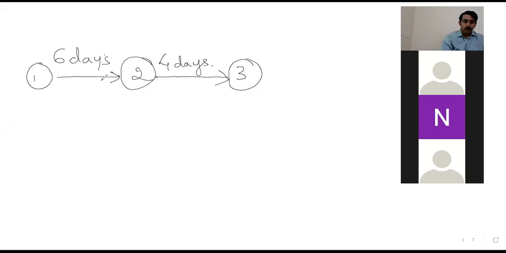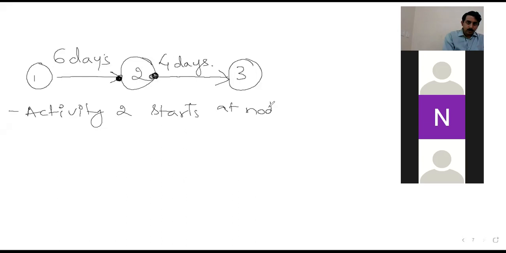So do you see the interrelationship here? Only if this activity finishes, only if the office is set up, only then we can start the next activity. Correct? So you can just write here: activity 2 starts at node 2. Okay.